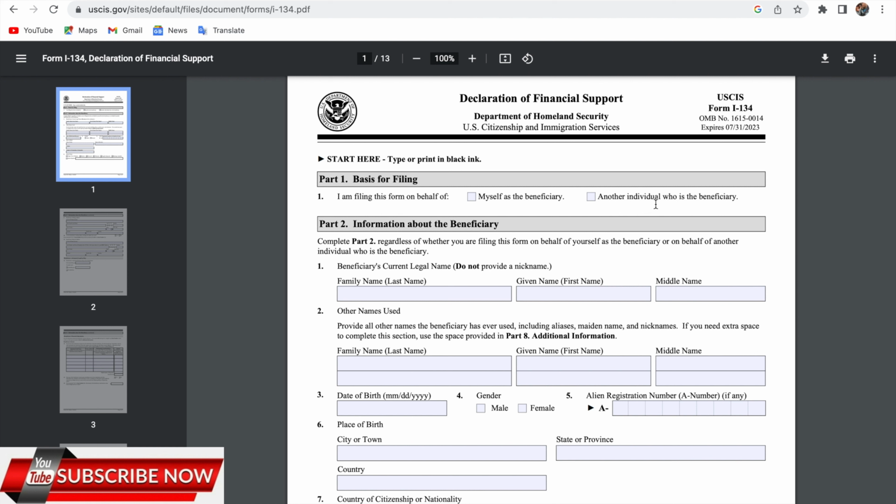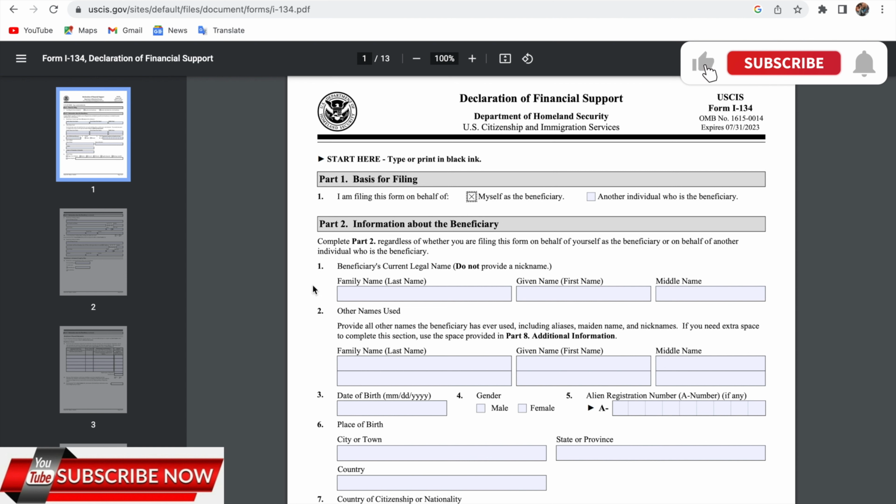But if you are filling up the form for another beneficiary, for example, you are bringing your relative, your friend, or whoever, then you click on another individual who is the beneficiary. But if you are the beneficiary and you are filling it up yourself, you just click over here. So let's click on myself.